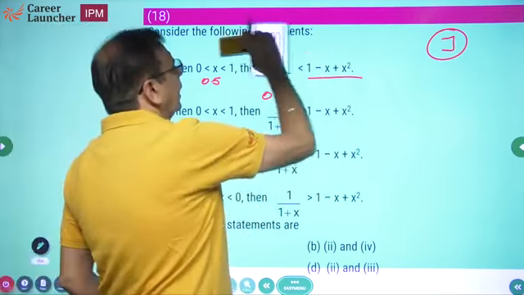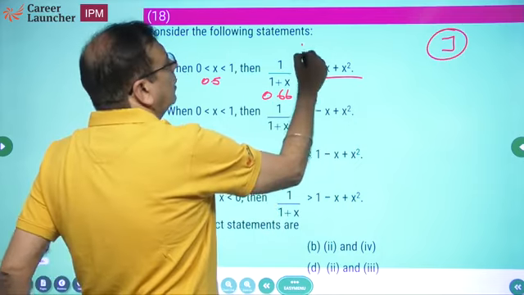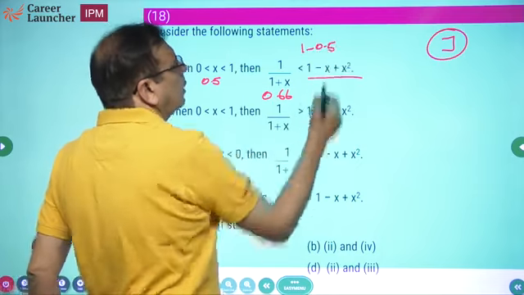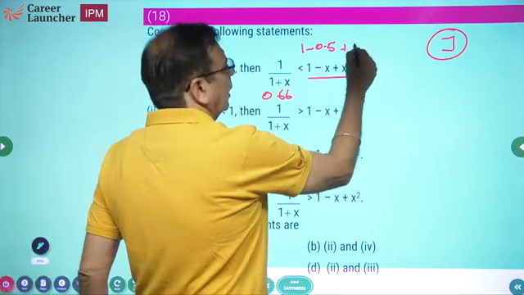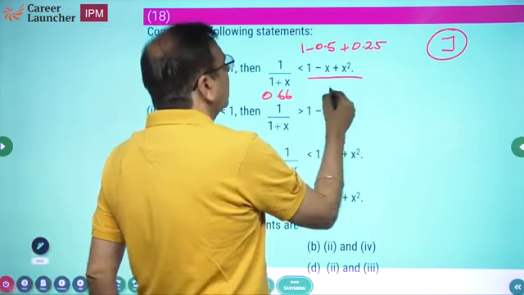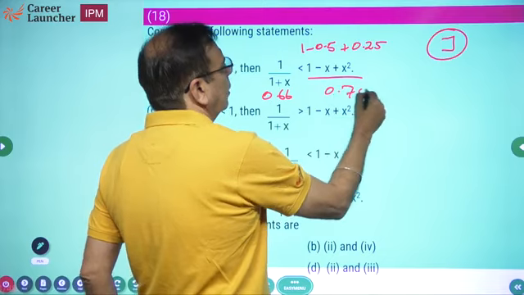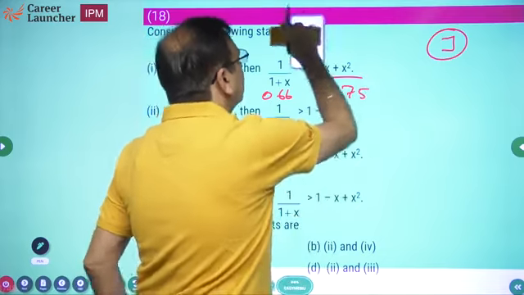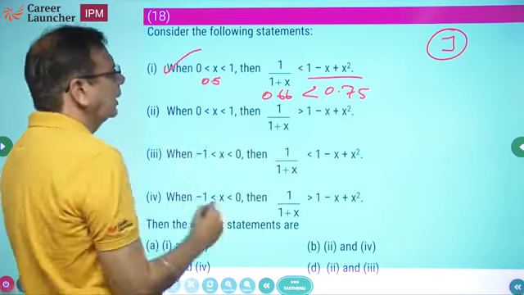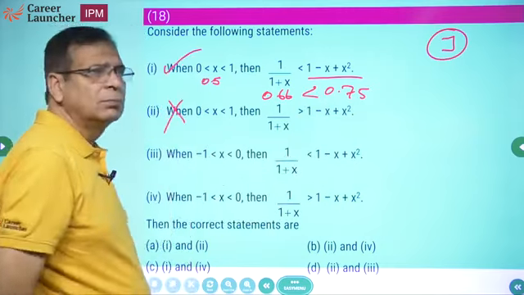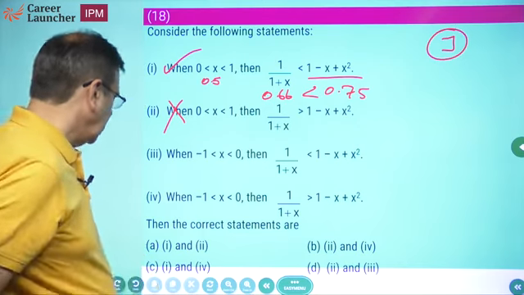And what will be right hand side? 1 minus 0.5. And what is x square? 0.5 square will be 0.25, plus 0.25. So how much does it become? 0.75. Okay. So right hand side is 0.75. Which is greater? This. That means statement 1 is correct. Statement 2 is wrong. Go to the choices.